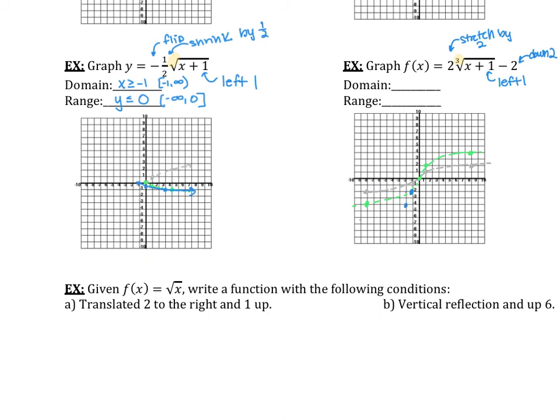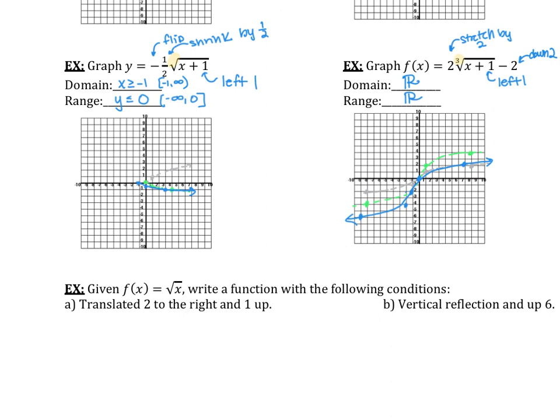Left 1, down 2. So I'm just moving each of my points left 1, down 2. And then I'm going to sketch my graph. It gets a little messy with all the graphs in there, but there is my cube root graph. Domain and range? Yep, all reals.